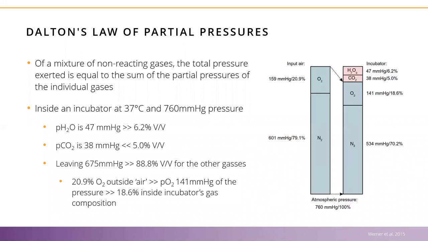Here is a graphic representation of the situation from an article by Werner et al., which I advise you to read. I found it very interesting and it gives you a better understanding of what's actually happening on average in normal CO2 incubation cell culture experiments.